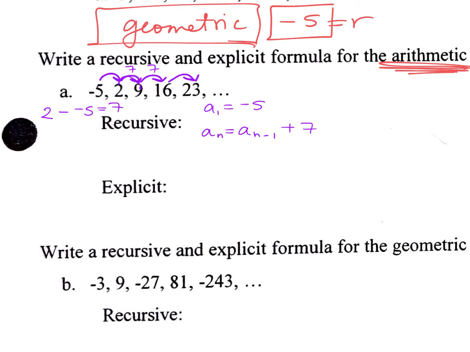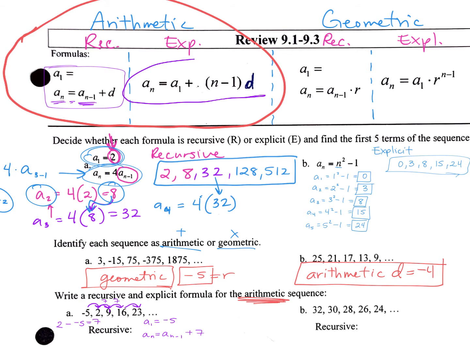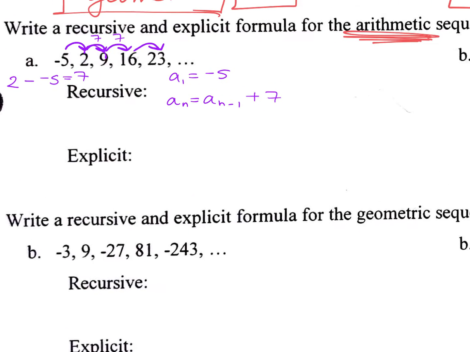Your explicit, now we're going to use this formula, okay? So a sub n equals what? What comes first here? Negative 5, a sub 1.